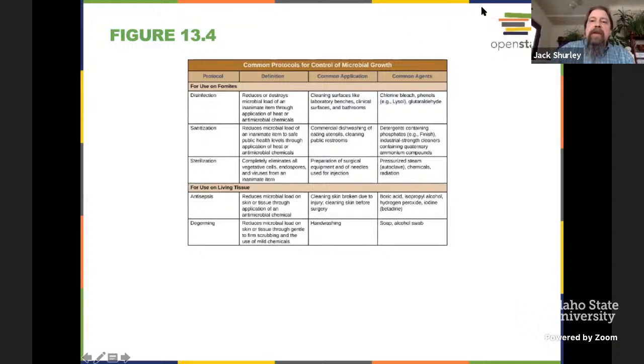As soon as I moved my mouse, I could see the chat. Will we have more chances at quizzes or maybe extra credit to boost our scores? For sure. There will be, and there will be a practice quiz over this unit of material.